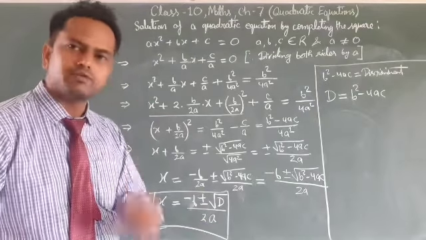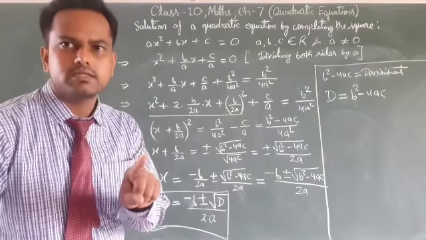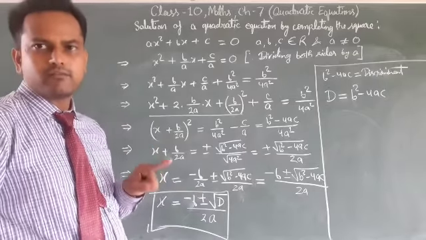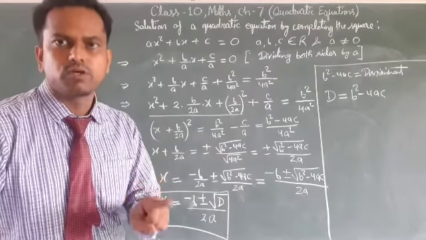We get two values of x. The first value is called root alpha and the second value is called root beta.